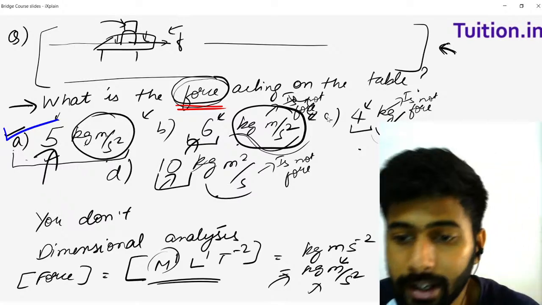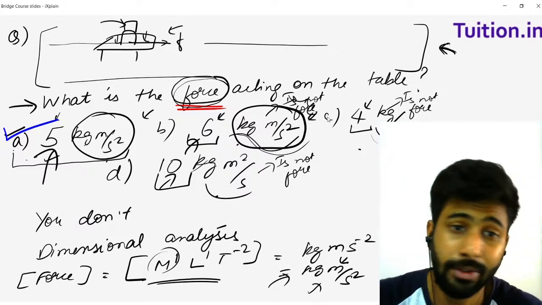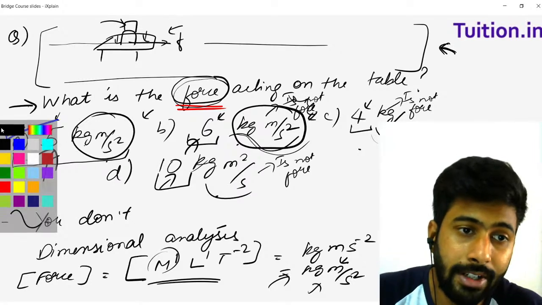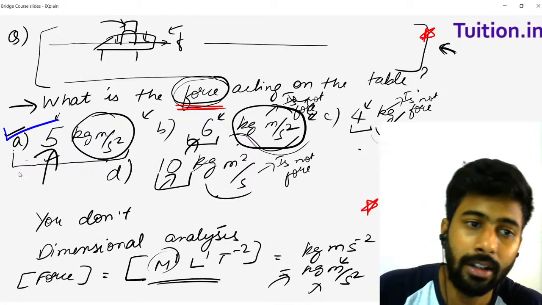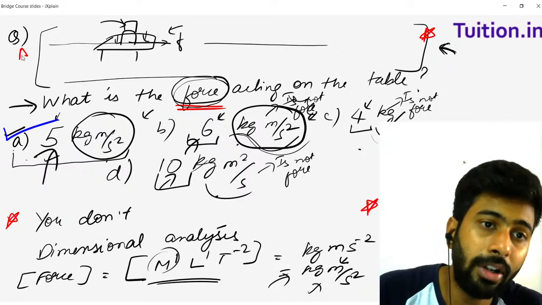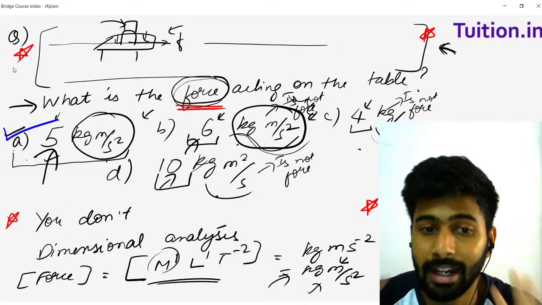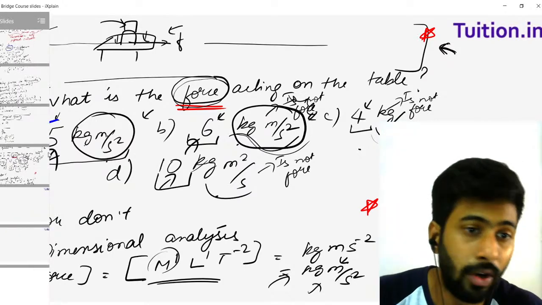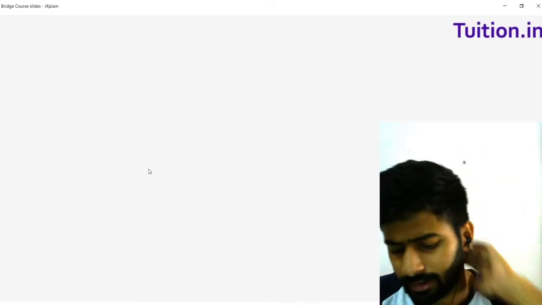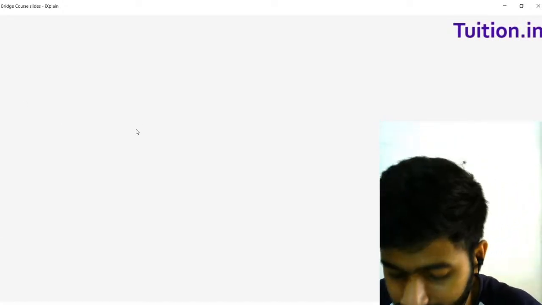So this was one trick with the help of which you can solve a lot of problems very quickly. And it was a very important section. If you did not understand it once, just go back and revise it. And in case you have any doubts about it, leave it in the comments section. But make sure you get dimensional analysis right, because it's going to help you save a lot of time in the exam, and solve certain questions very quickly without even doing physics, right?